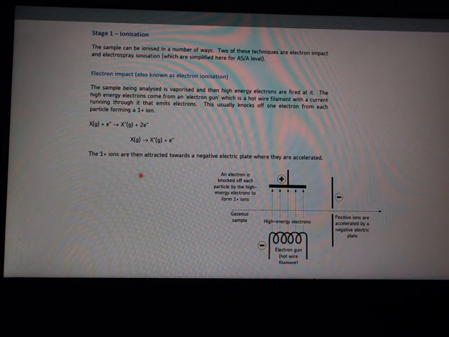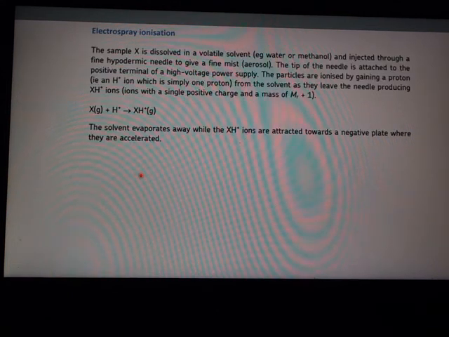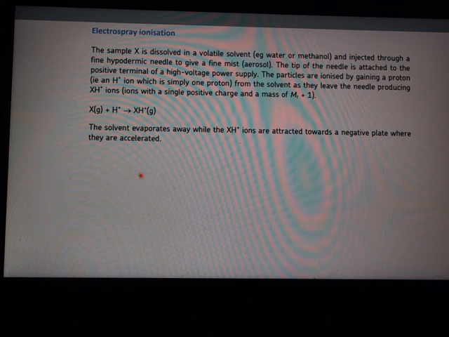The second method for creating a positive ion is called electrospray ionization. So the sample is dissolved in a very volatile solvent, usually water or ethanol or methanol, and injected through a really fine needle, and then it creates an aerosol, a mist, right?